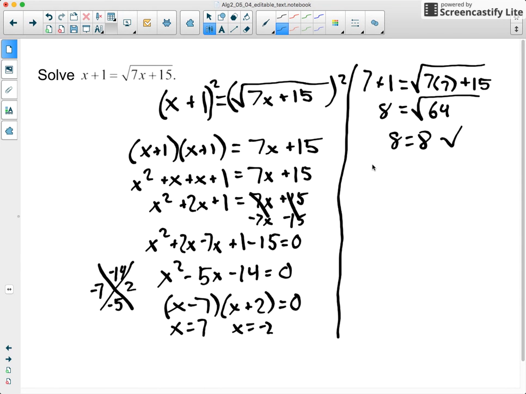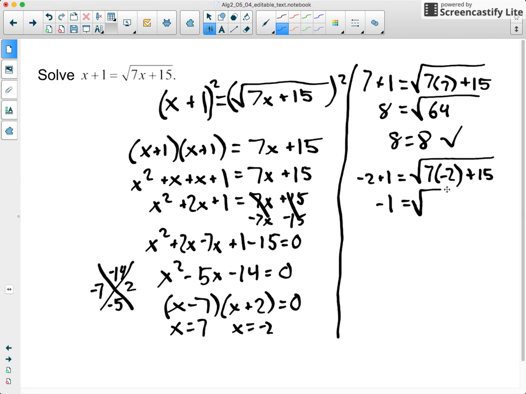Let's try the same thing with negative 2. So I'll replace x with negative 2. And I'll do that underneath the radical as well. So 7 times negative 2 plus 15. Negative 2 plus 1 is negative 1.